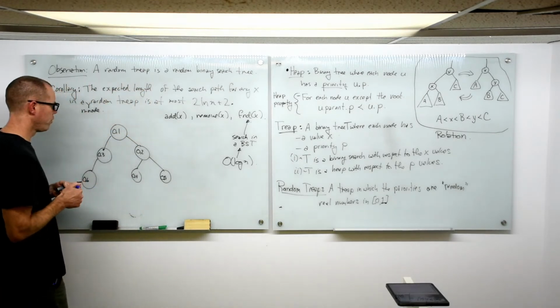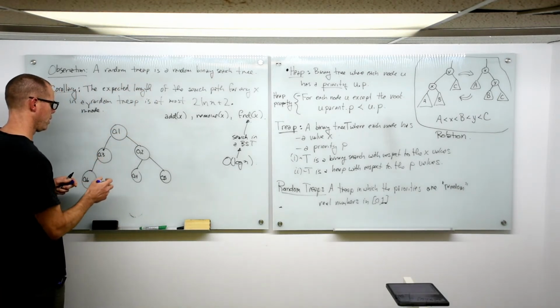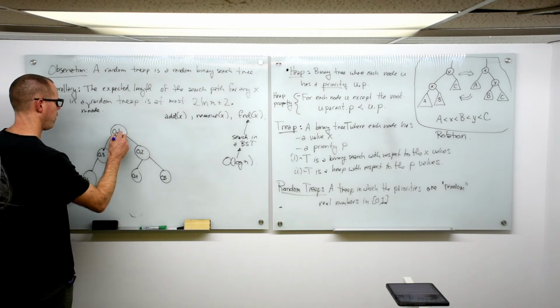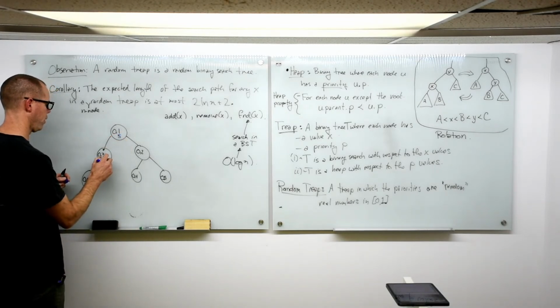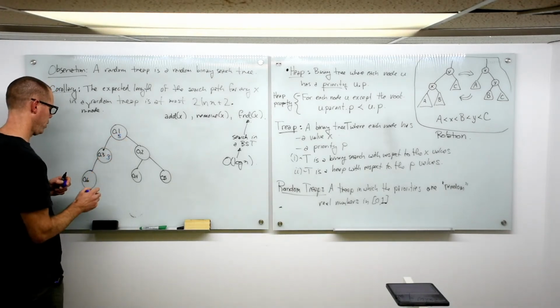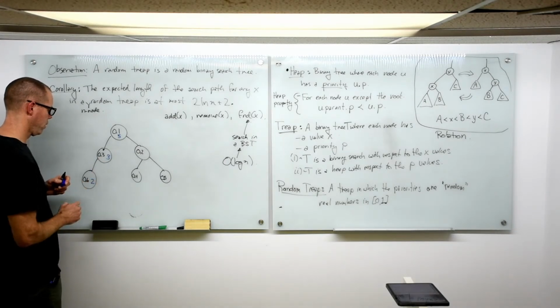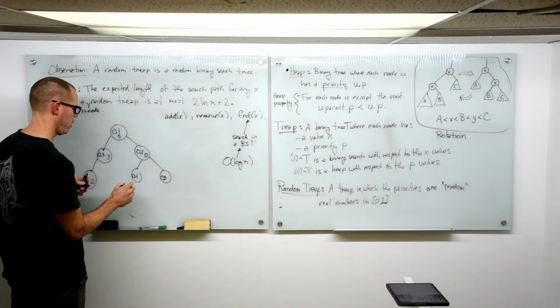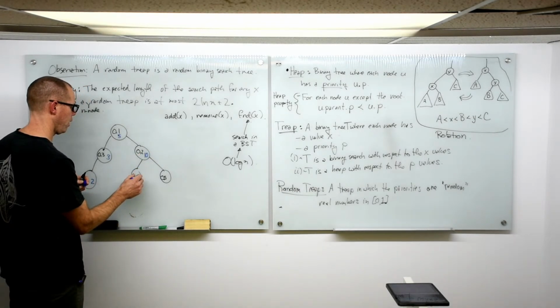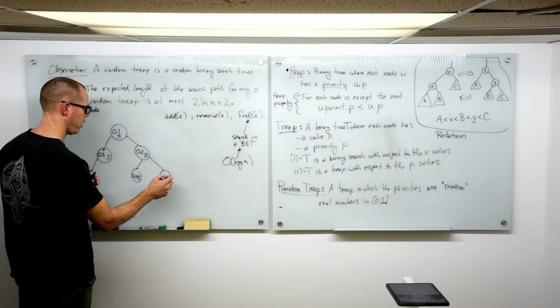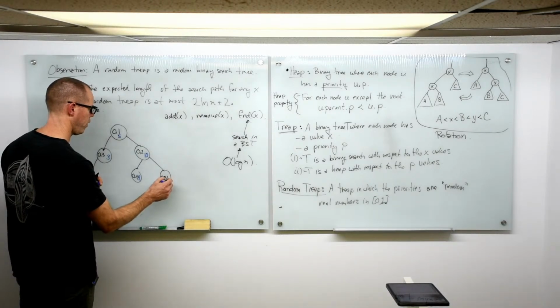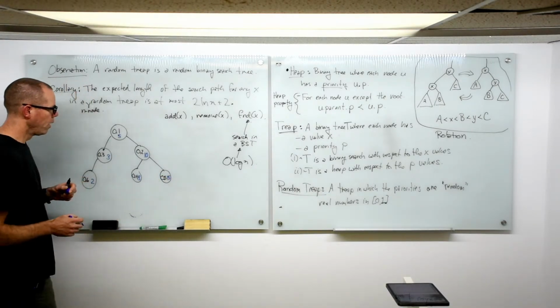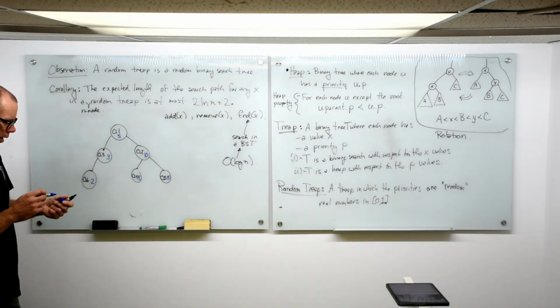Maybe we can use different colors for the keys. So let's put here 5, 3, 2. Over here we'll put 10, 8, and 15. Okay. So there's a picture of a treap.